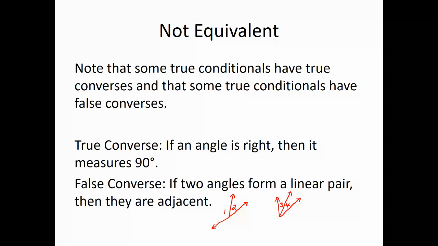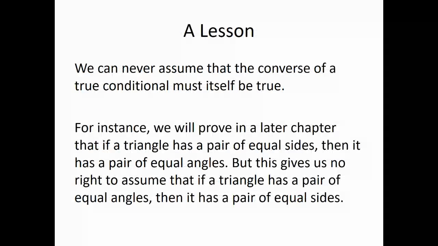So this is what happened. I took a true conditional statement, I formed its converse, and that was false. Now, the lesson that we have to learn from this is that we can never assume that simply because a conditional statement was true, that its converse must be true as well. Some true conditionals have false converses.